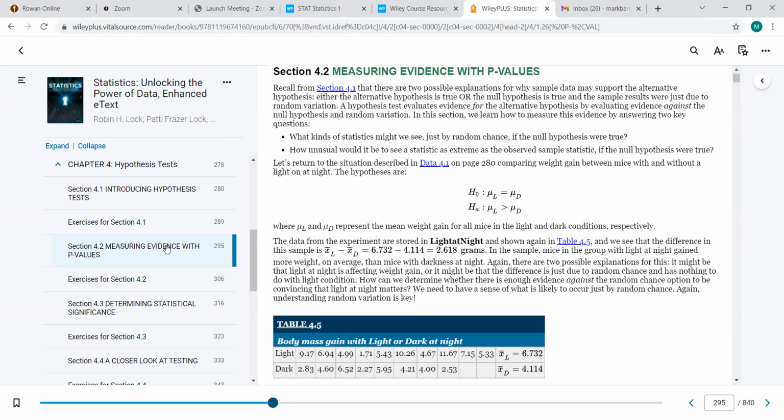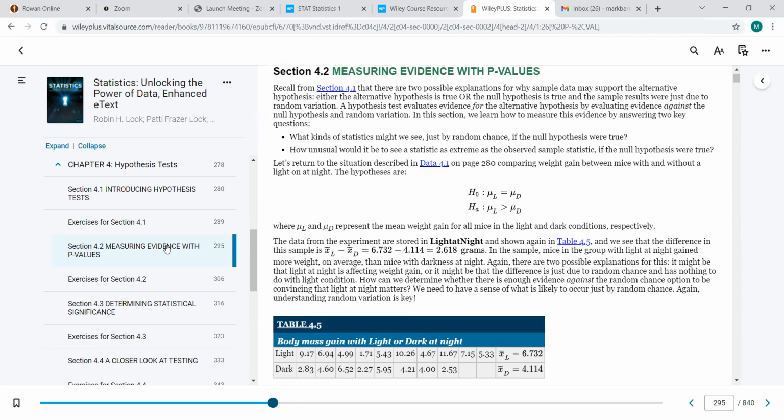So p-values are introduced here, and I can tell you this book does a great job in helping you understand what a p-value is, because most students have difficulty with other textbooks, where this information about p-values is just thrown out there and students are left pretty much on their own to figure out how it works. However, this section helps us understand how to use p-values to determine whether we should reject the null hypothesis and support the alternative hypothesis.